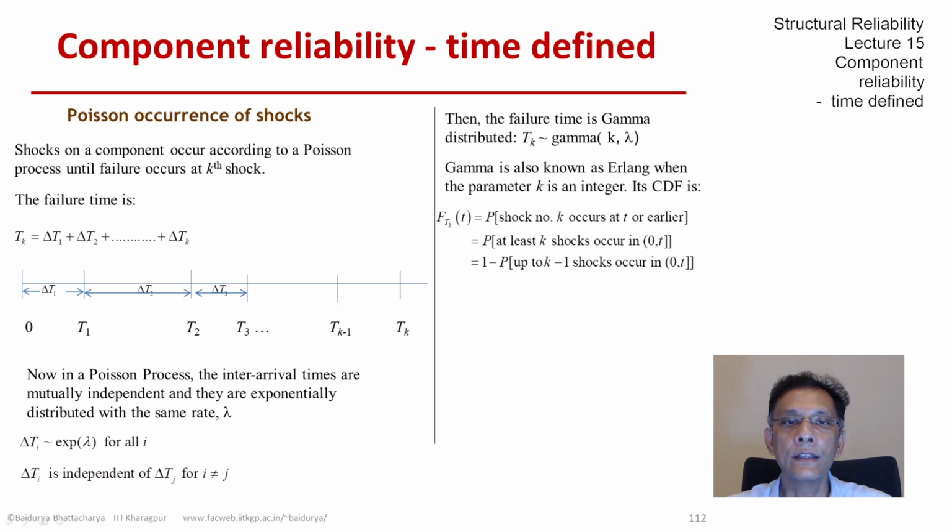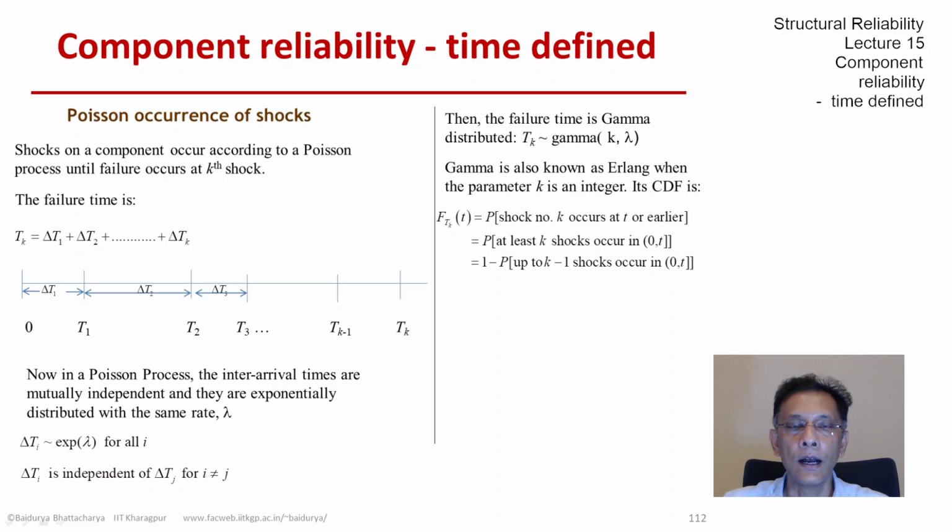If we take the complement, it's 1 minus the probability that up to k minus 1 shocks occur in interval 0 to t. So 0 shocks or 1 shock or 2, all the way up to k minus 1 shocks can occur in the interval 0 to t. So 1 minus the probability of that would give me the CDF of the failure time tk.